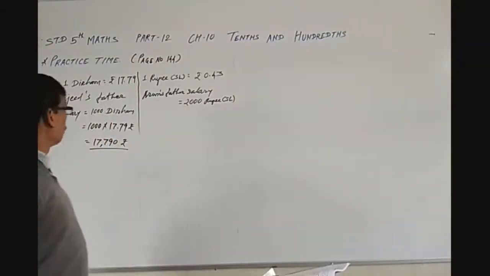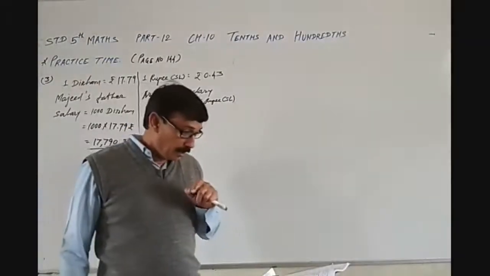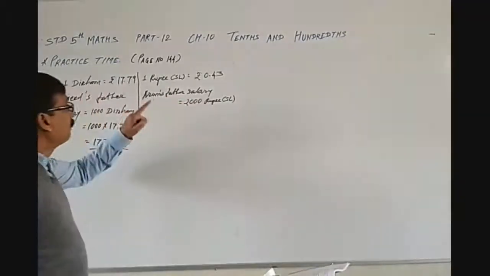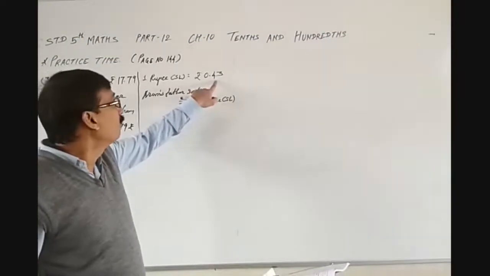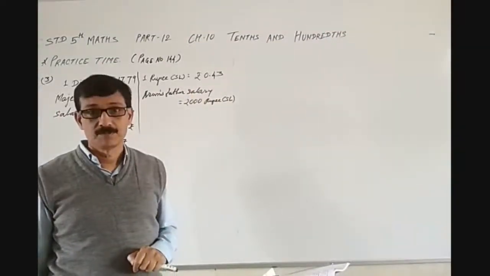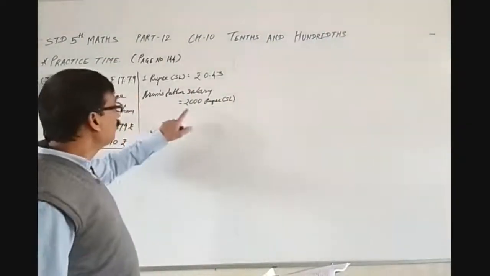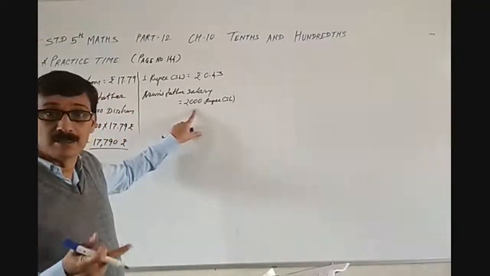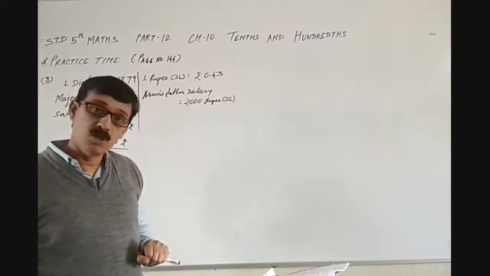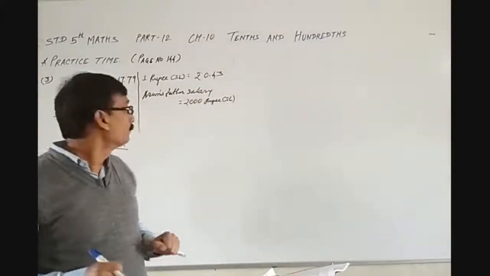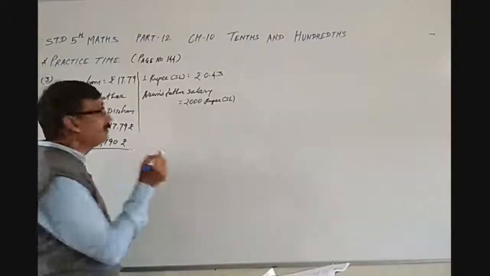Now see, if I want 1 Sri Lankan rupee, then I have to pay 43 paisa. So if I have 2,000 Sri Lankan rupee, then I have to multiply with 0.43, isn't it? Let me explain to you.